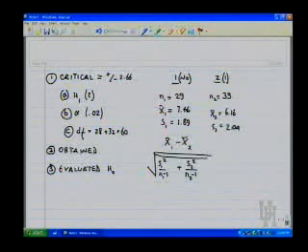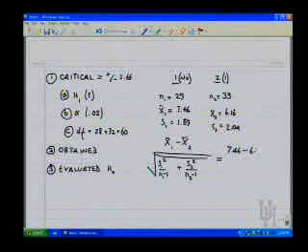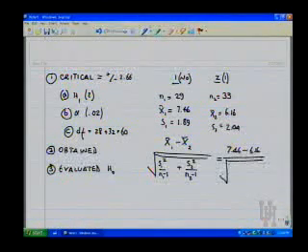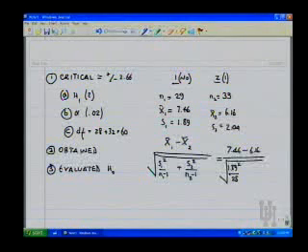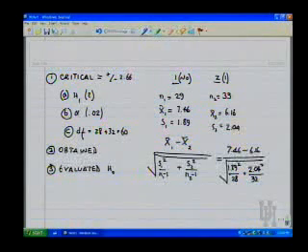Would you agree that we can now plug and chug? That is, x bar 1 is 7.46, minus x bar 2, which is 6.16, divided by the square root of 1.89 squared divided by n1 minus 1, which is 28, plus 2.04 squared divided by n2 minus 1, which is 32.